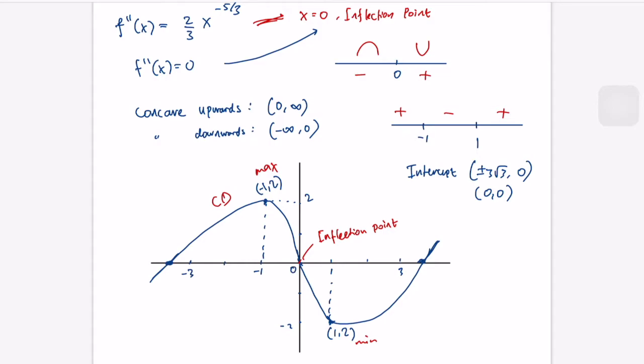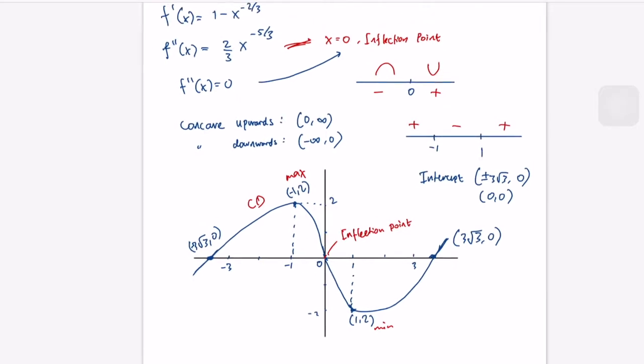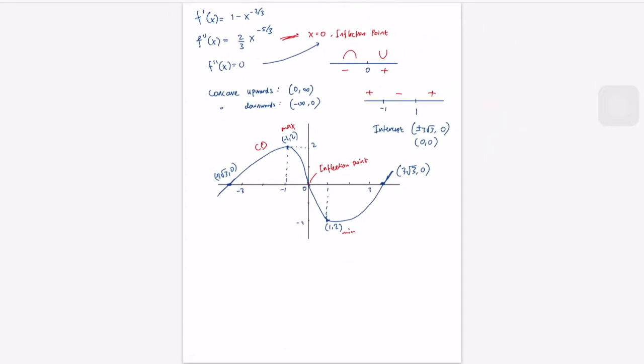This will be 0. Yeah, and then this will be the intercept. Okay, I think we're done.